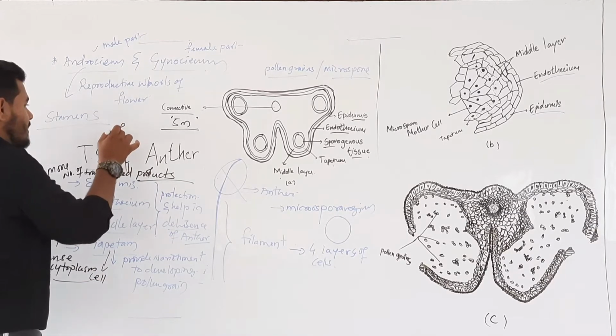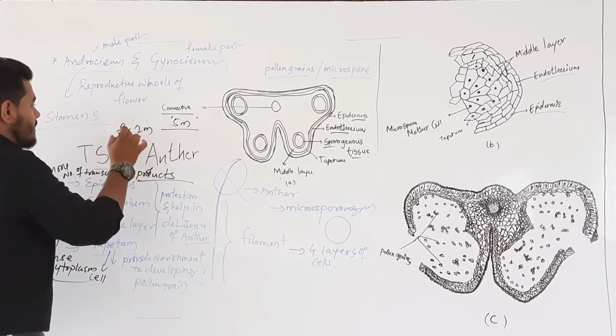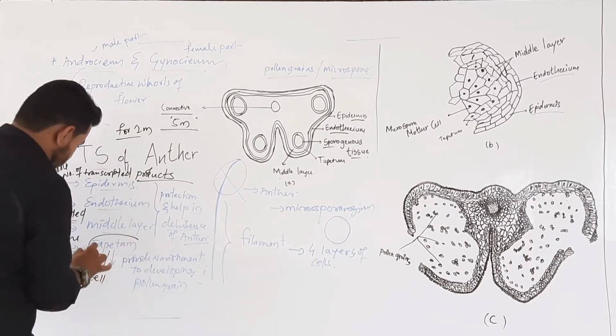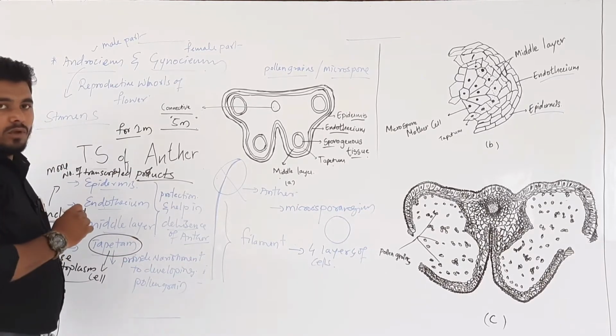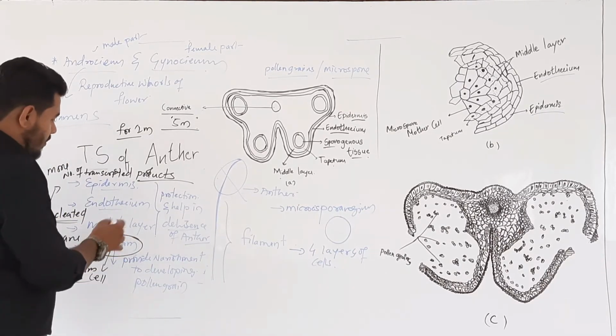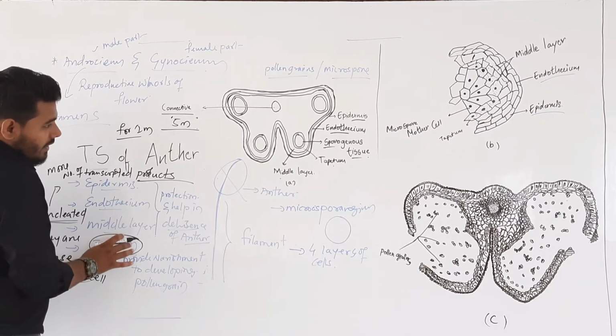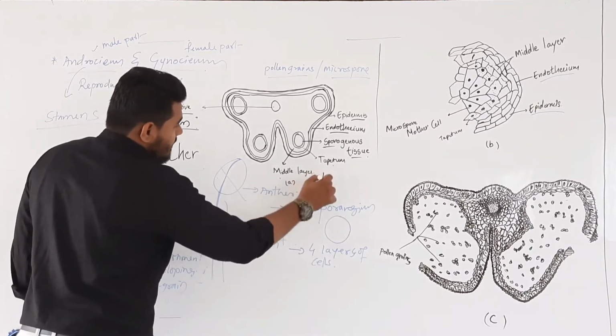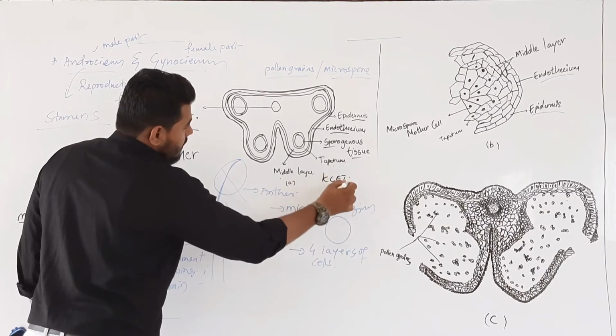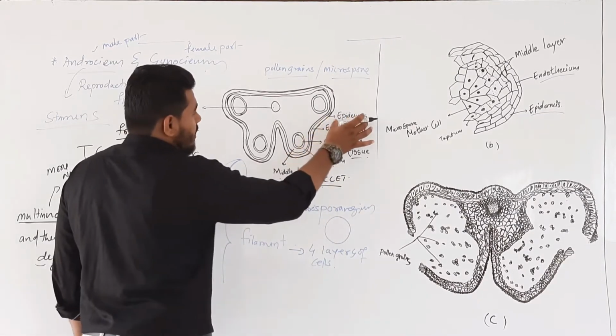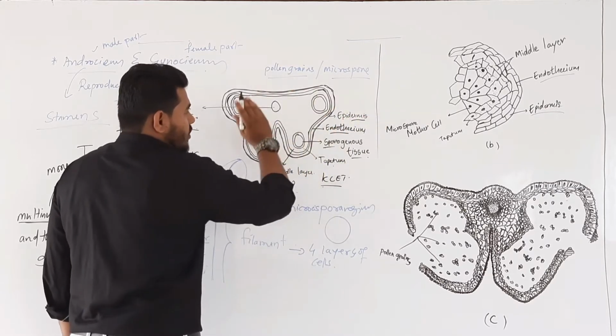Or for 1 mark, they will ask about the tapetum: what is the function of tapetum, or what is tapetum? Or in KCET, they will ask the orderly arrangement of cell layers from outside to inside.